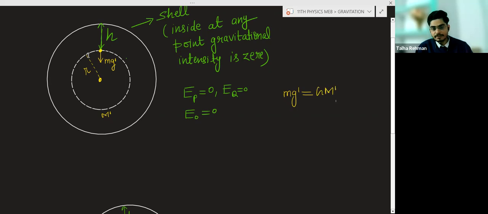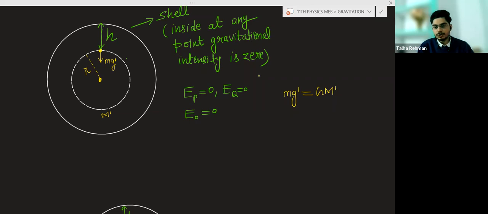M dash is the remaining mass of the earth, because the gravitational force on this mass will be due to this remaining mass, because we are below height h. M dash into m divided by r square. Now this m and m will cancel out. So the value of g dash will come out to be G into m dash divided by r square.